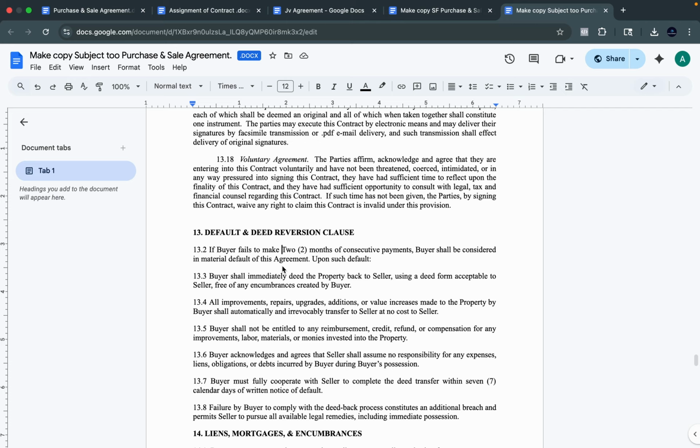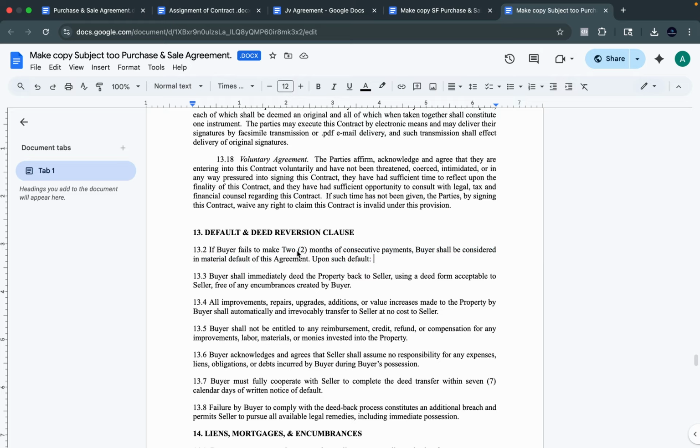Subject to agreements, make sure you guys have those in there, because at the end of the day, I understand you guys are in it for the money, you guys want to get rich, but at the same time, you also want to protect the sellers, right? You never want to give them a crappy buyer that never intended to pay on it and just ruin their credit and have them go under foreclosure and put them in a worse situation than they were previously, right? So you want to make sure you have clauses in there that protect these sellers.